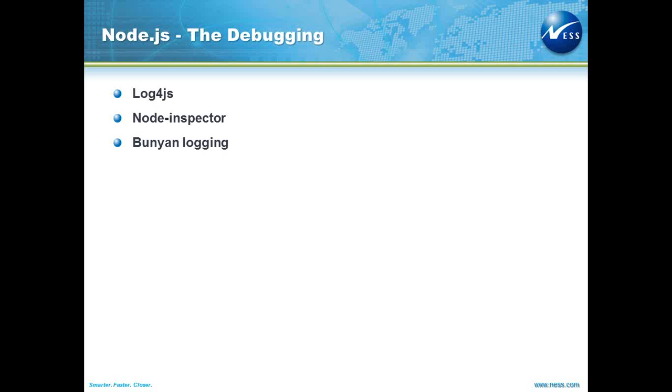Node inspector lets you debug. So you can step through your code, add breakpoints, inspect the variables, object properties, or edit and see what the value reflects to, and so on. Onion logging is a simple and fast JSON logging library. So something like Log4j, but the output is different, so you can tag it to your different tools for analysis and so on.